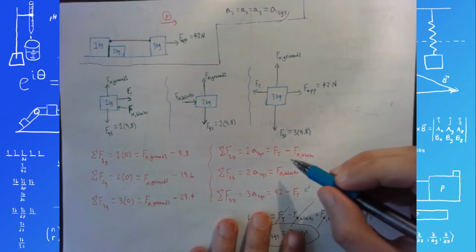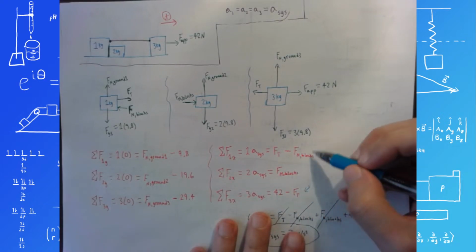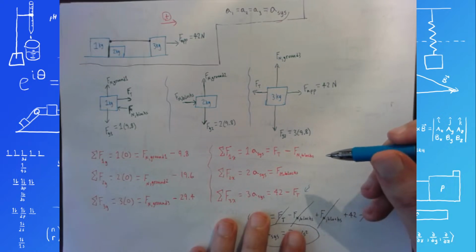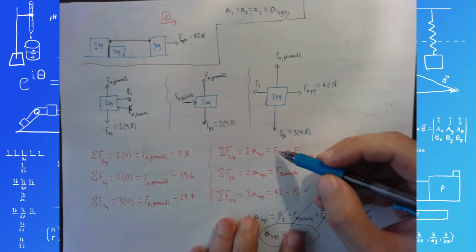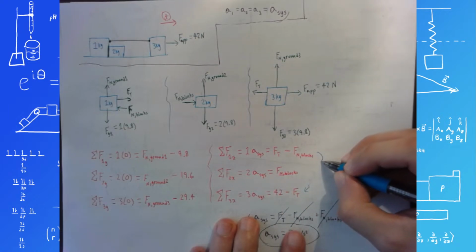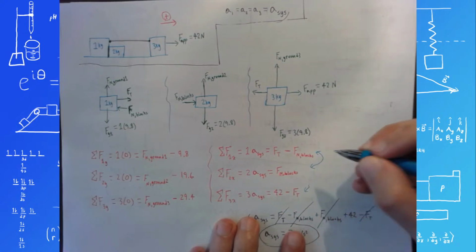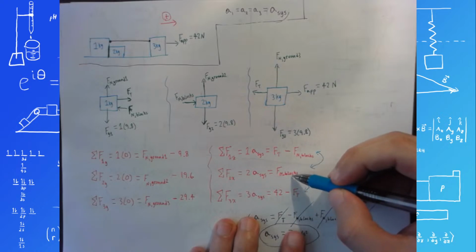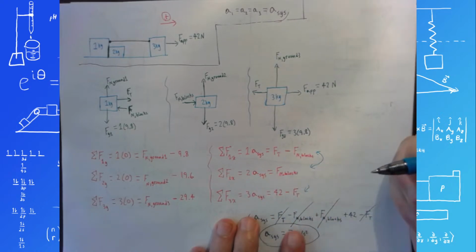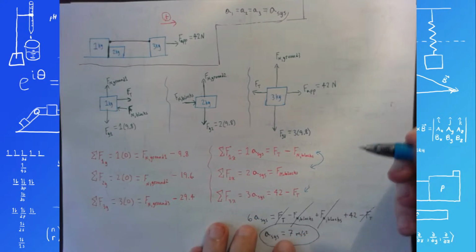If we use the first equation, we would still have the unknown normal force between the blocks, and that would be more of a hassle, although it would still be doable, because if you really wanted to, you could combine the first 2 equations. That would eliminate the normal force between the blocks, and then you would say 3 times the acceleration of the system equals the tension force, which, now that I've already done it, is actually easier.